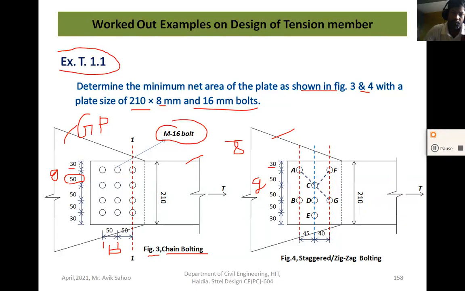So you have to find the possible failure paths, and you have to consider the minimum area for calculating the net area of the plate.